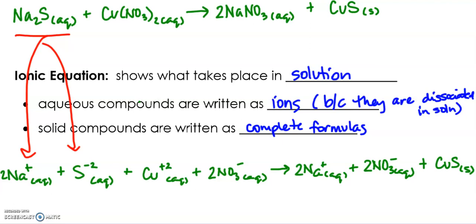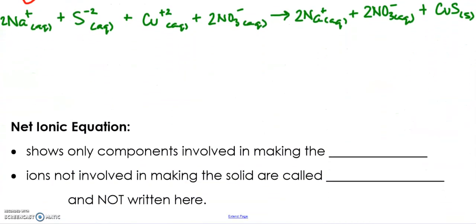Okay, the last piece is what we call a net ionic equation. This only shows components involved in making the solid. Ions that aren't involved in making the solid are called spectator ions. They're spectators, they're just watching, they're not involved in the play. So we don't write them here.